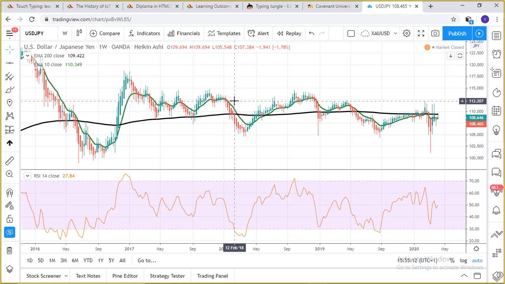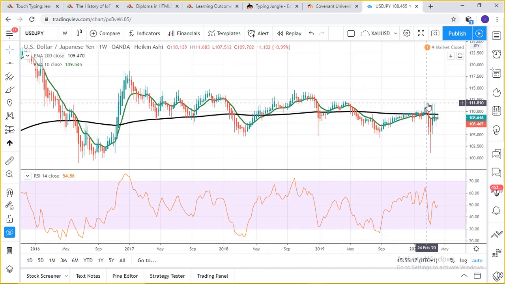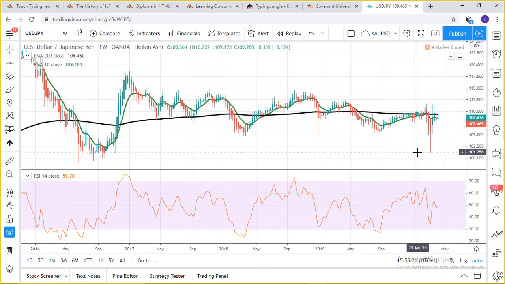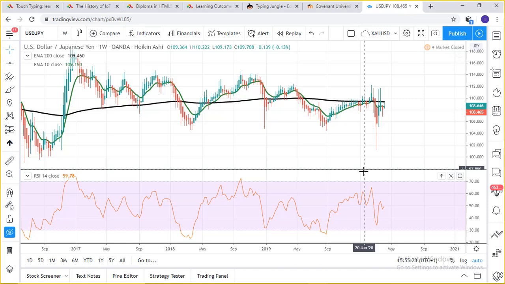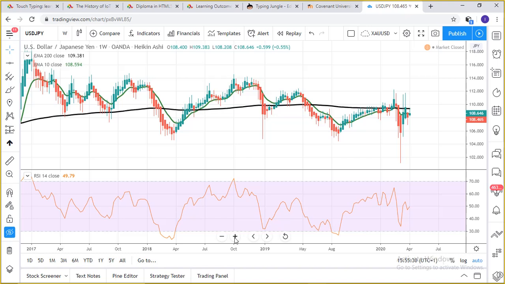In fact, more or less it was at this point. This point also is more or less equal to this point, so it didn't actually go beyond here. So it looks more likely to sell. If you think that it's going to buy, you have to think twice.